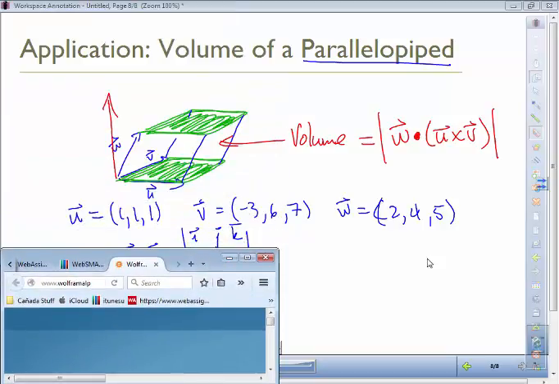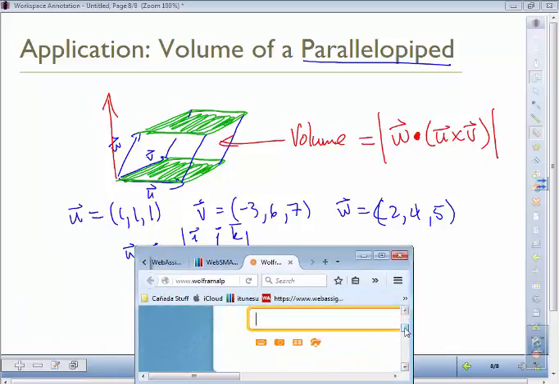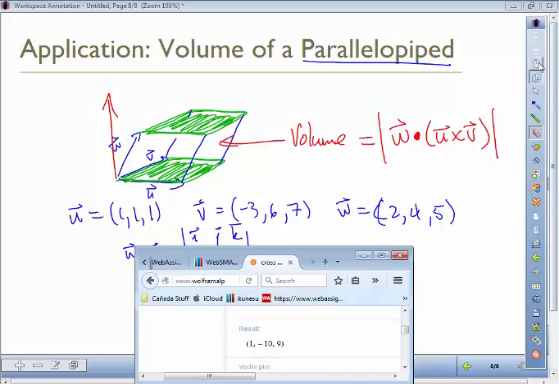U cross V. Hurry, did you guys get it? I won. 1, negative 10, 9. Good job, guys.